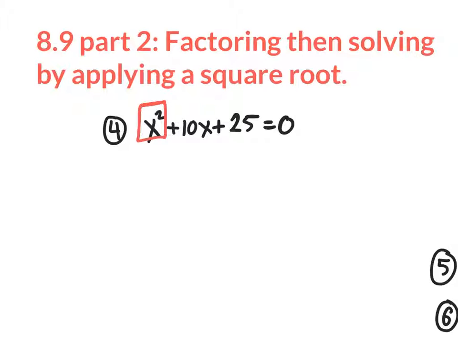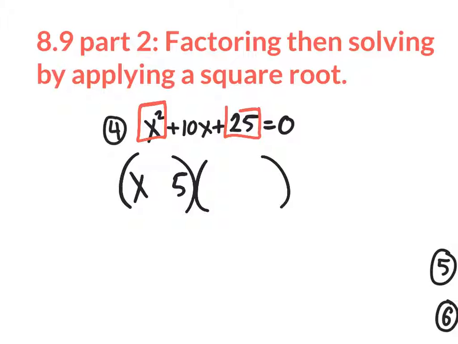You have a perfect square term here, a perfect square term there. You could square root them and then plug them into your answer format. The square root of x squared is x, the square root of 25 is 5. And we know that the middle term is a positive 10x. So that must mean that these guys are what?